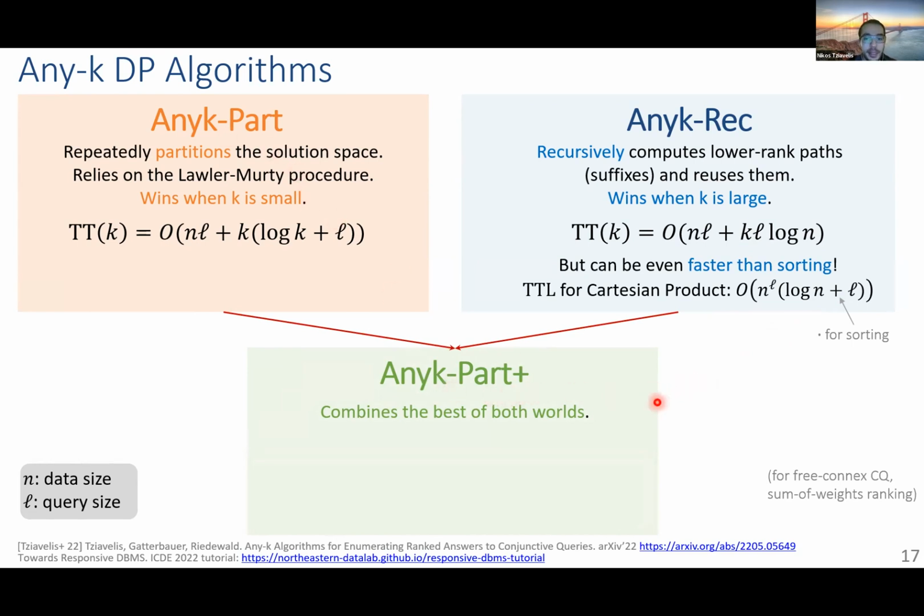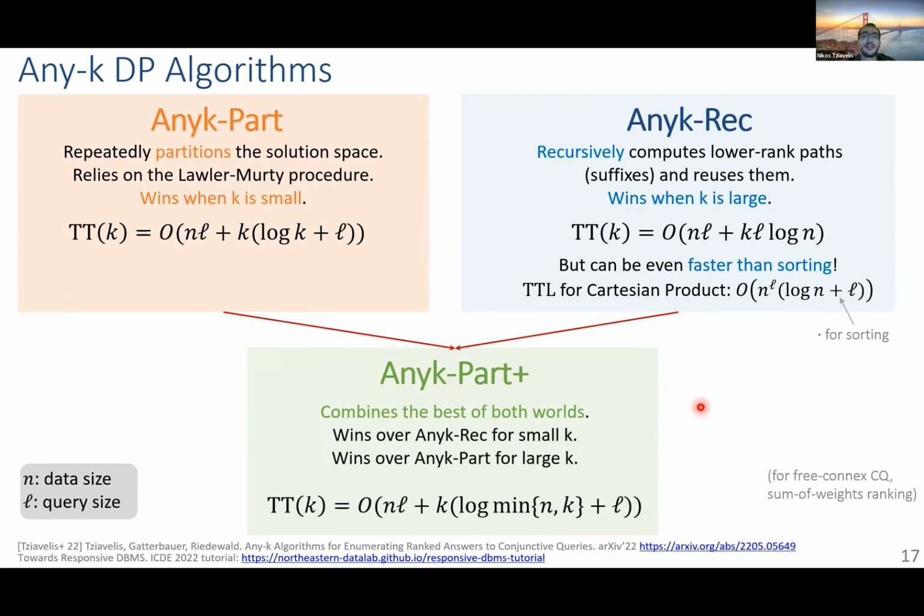It's called Anyk-Part Plus, and it also has this property that it reuses computation similarly to Anyk-Rec, and it achieves the best of both worlds. So it wins over the recursive one when the K is small, and it wins over the part one when K is large. And the guarantee that it achieves for time to K dominates both the other 2.